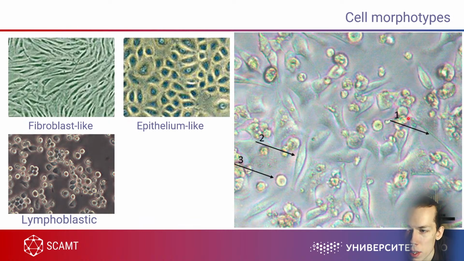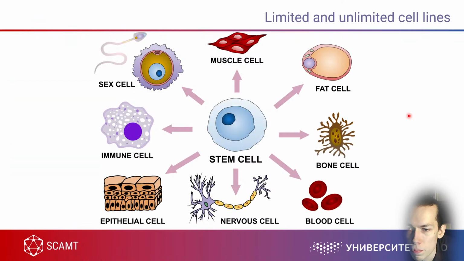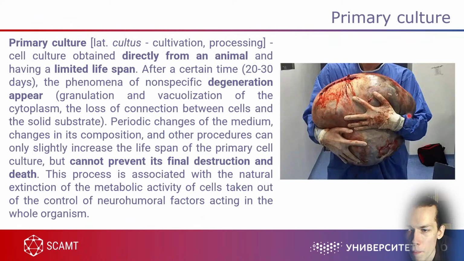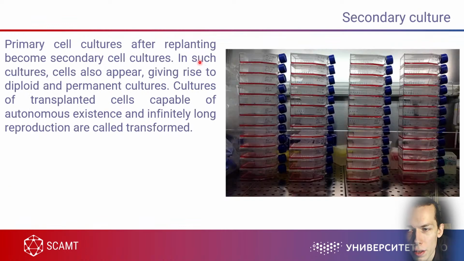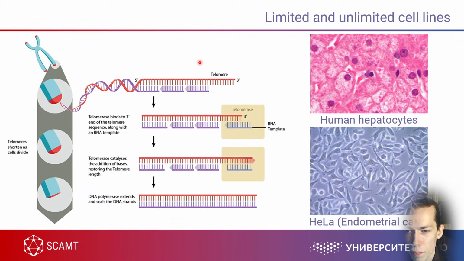These long structures, like long pseudopodia, can be a sign of degeneration, because when we're talking about, for example, the limited lifespan of cultures, even unlimited cultures, okay, even I don't hear what I'm talking about.